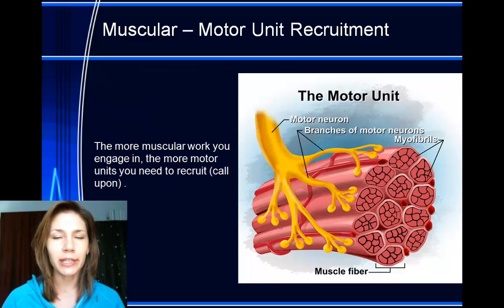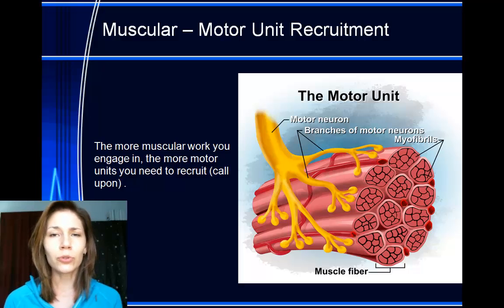So a motor unit is a motor neuron, or the nerve that sends the signal of movement to the muscles, and all its connected muscle fibers. Obviously when you exercise a lot more, you'd need to recruit a lot more fibers.